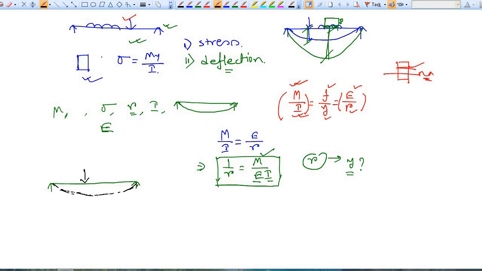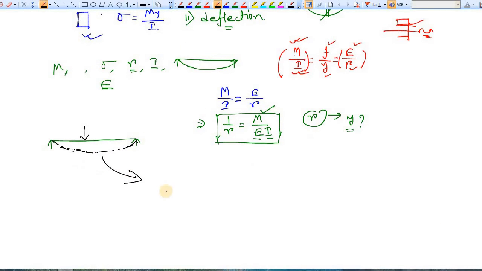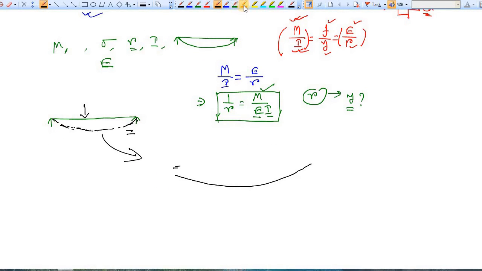So consider any section in this beam. Let's say this deflected shape is represented by this curve. They are identical. Now consider any two sections in this beam. First, let's say this is one section, that is section M. Let's say this was your support, and this was your actual beam.